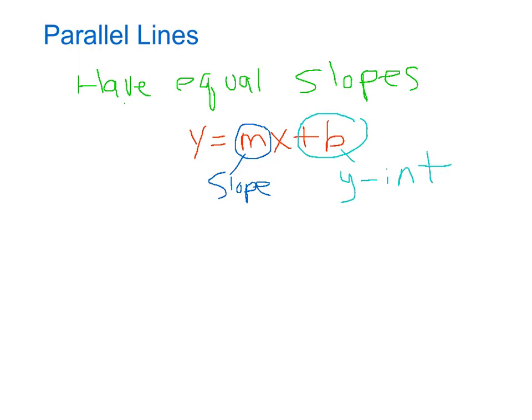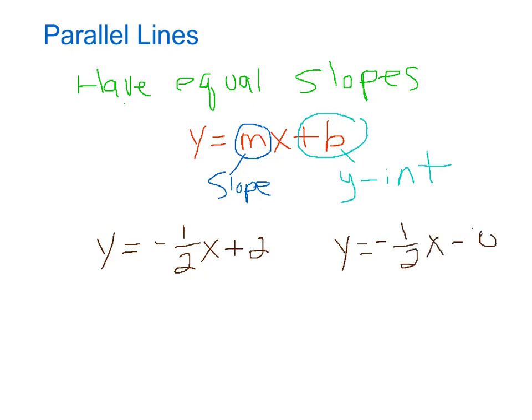So let's say we've got two equations, one of them being y equals negative 1/2 x plus 2, and let's say the other one's y equals negative 1/2 x minus 10. If we look at those two equations, just by the slope, we can determine whether or not the lines are parallel.